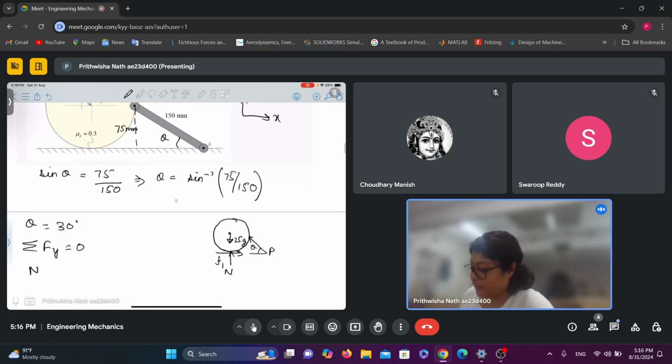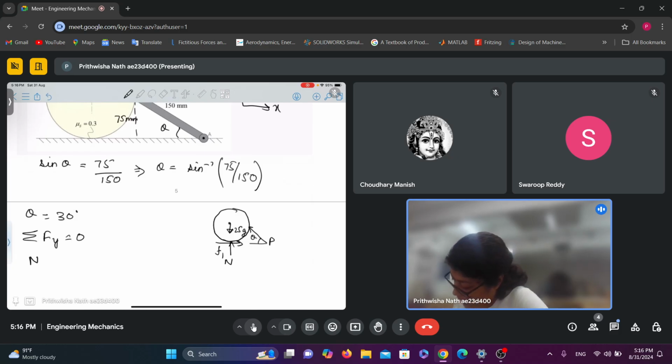So the force will be 25 into g. So minus 25 into 9.81 plus P sin 30 degree. So N will be 25 into 9.81 minus P sin 30 degree.